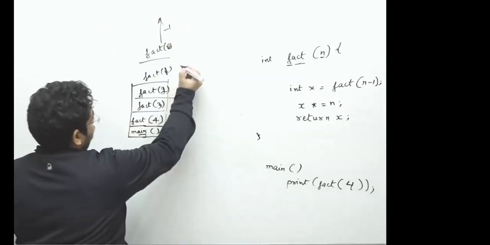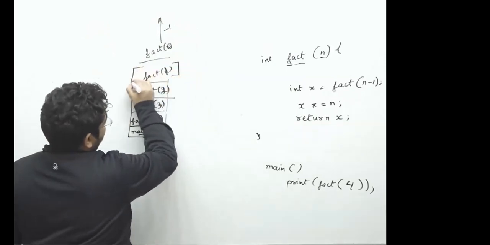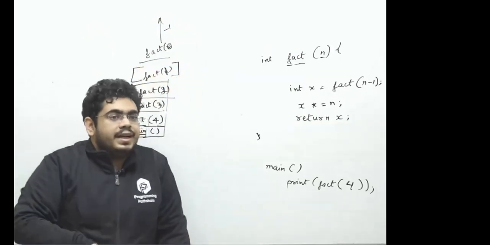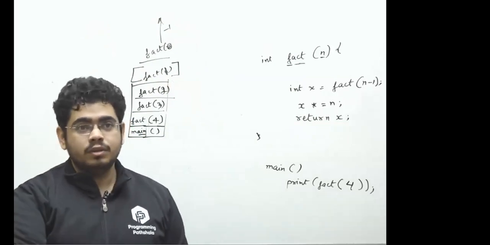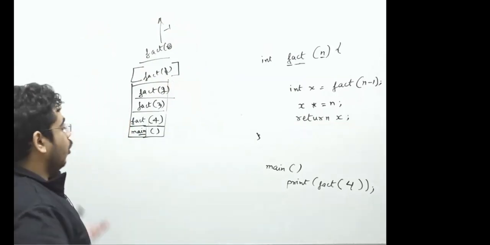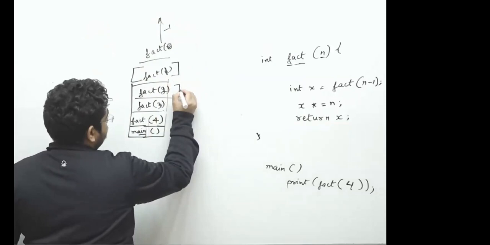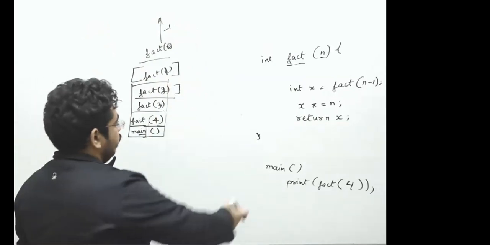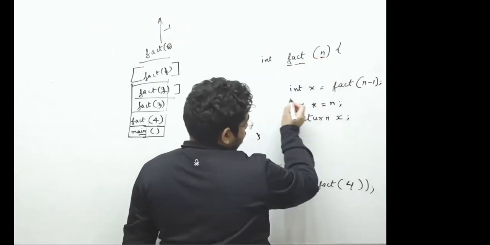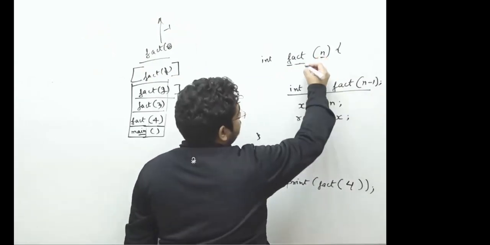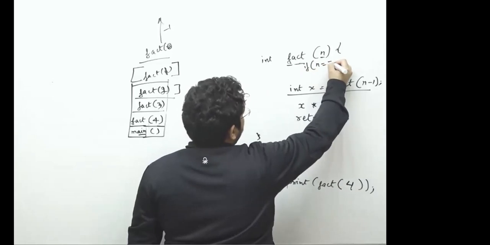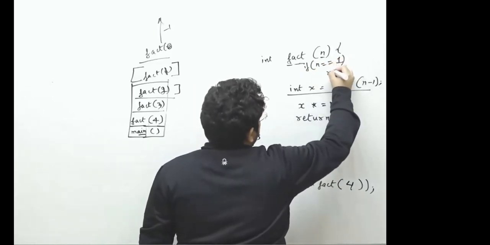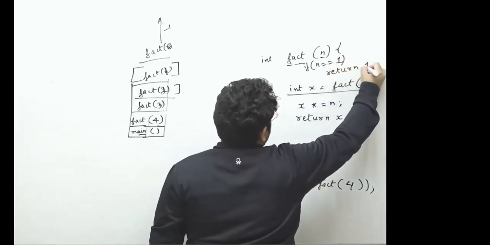Exactly. So as soon as we have reached factorial 1, we directly know the answer. We directly know the answer is 1. Or if you want to stop it even before, for 2 also, you directly know the answer is 2. So you can write that here before passing it on to the friend, that if I just want to know factorial of 1, simply return 1.